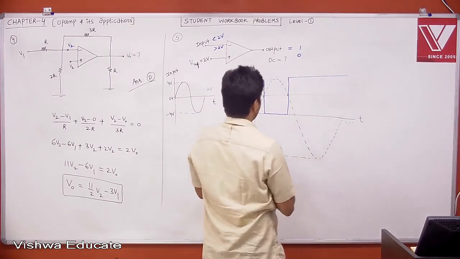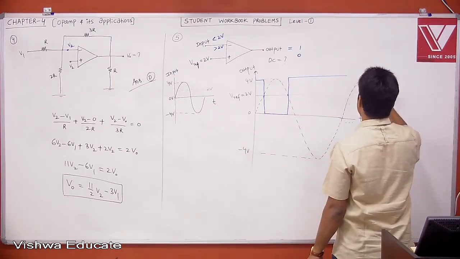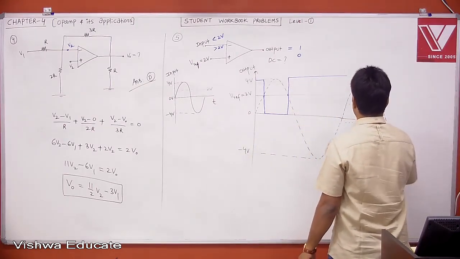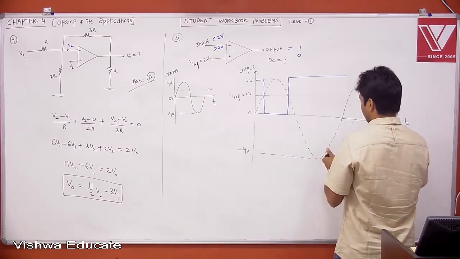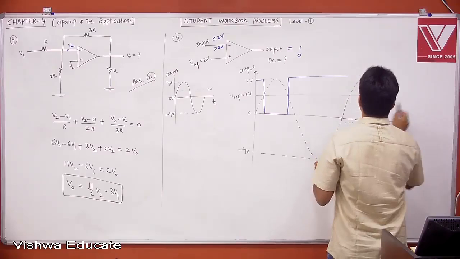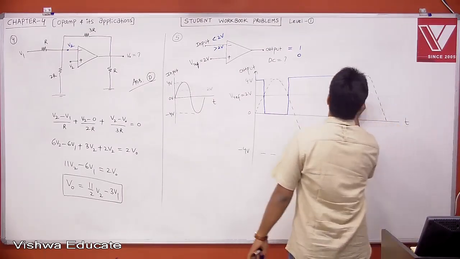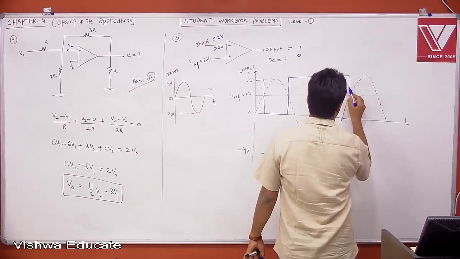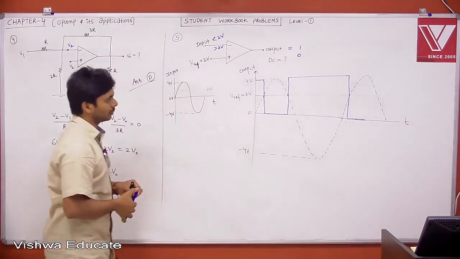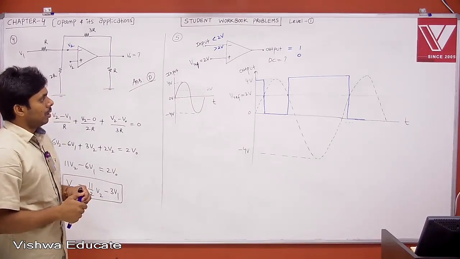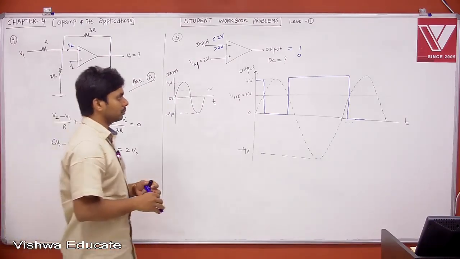If you continue, if I take one more sine wave, then what you get: 2 is our reference, and till that point, because the input is less than 2, the output is 1. Then once it crosses, it will be 0. This is the 1.